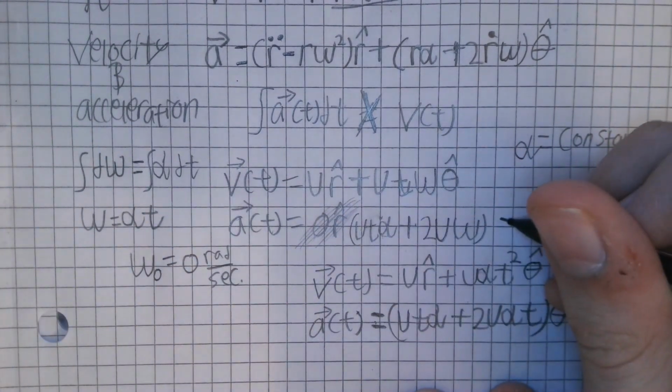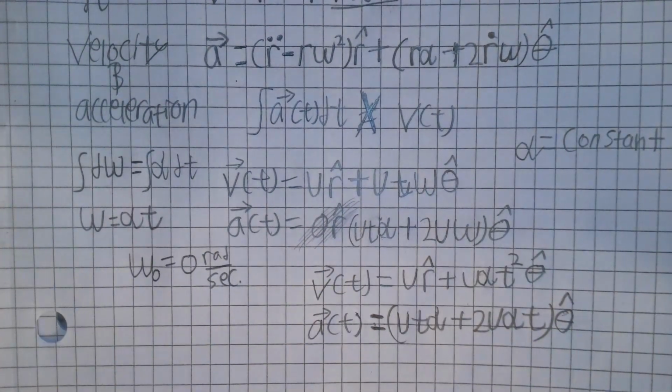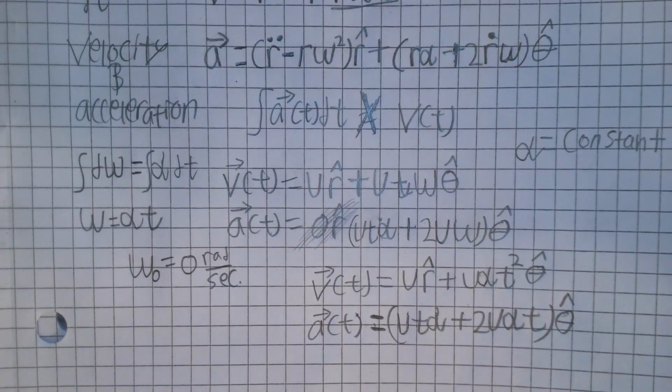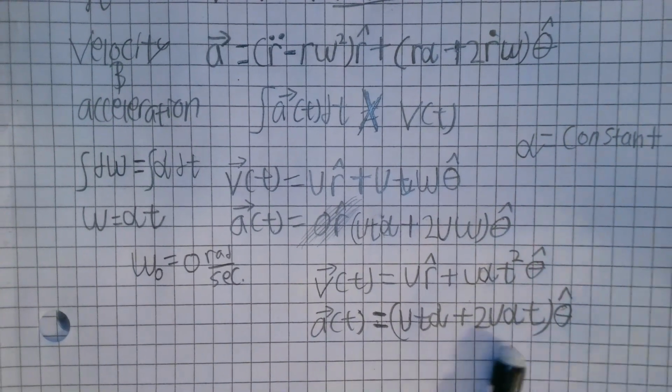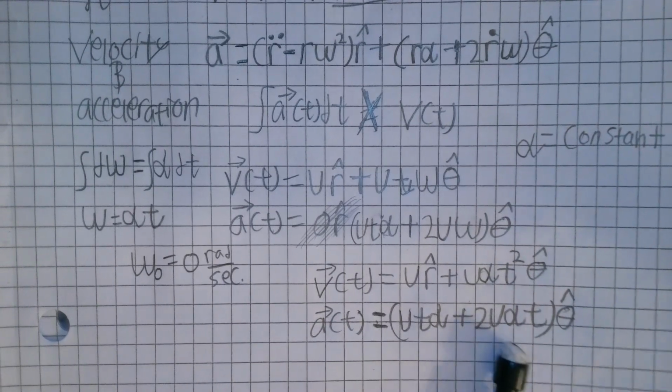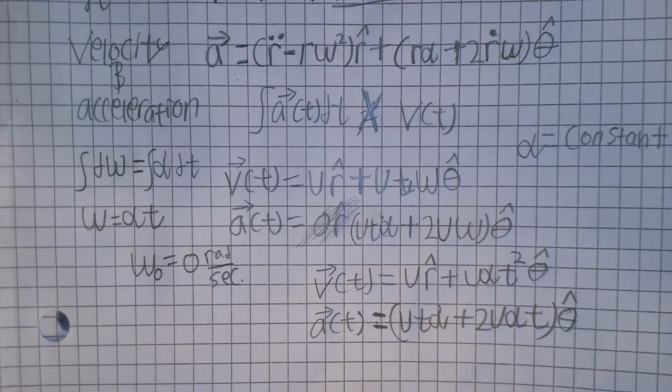Whoops, I did forget to write that up there, didn't I? That's my bad. Okay. And yes, if you really want to, you could write this in much simpler terms because you can do factoring. But it's honestly kind of useless in this case because you just factor out u times alpha times t in both equations and are left with that quantity times 1 plus 2, all in the theta hat direction.